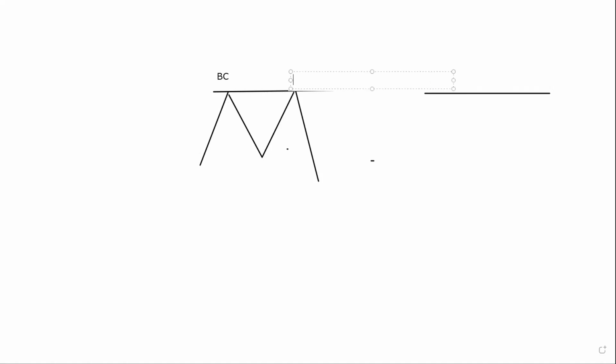Let's suppose a secondary test, lower high, UT, UTAD, test of UT, EVNR, and then no demand. Got it? We are testing this region here.